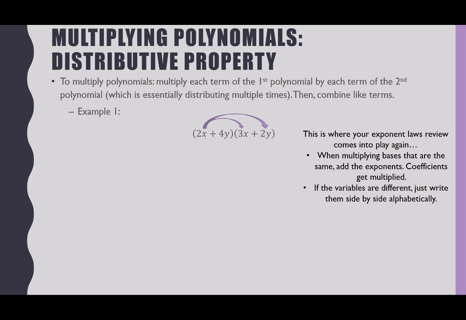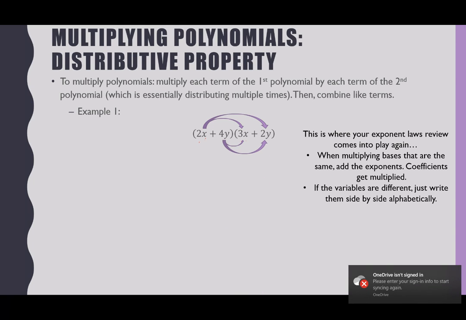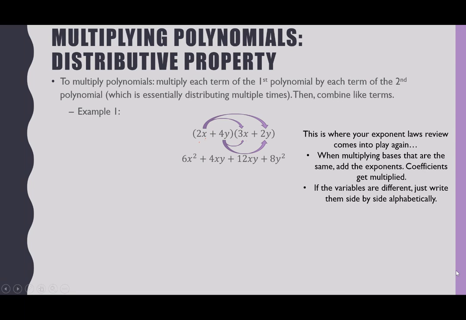So we're going to add exponents. And then coefficients 2 and 3 get multiplied together, which results in 6x squared.